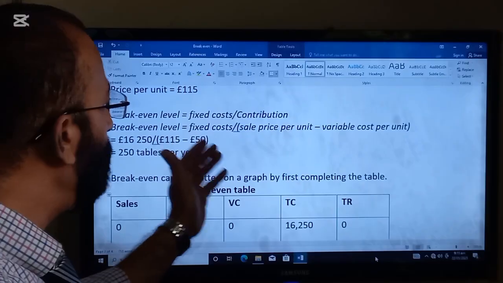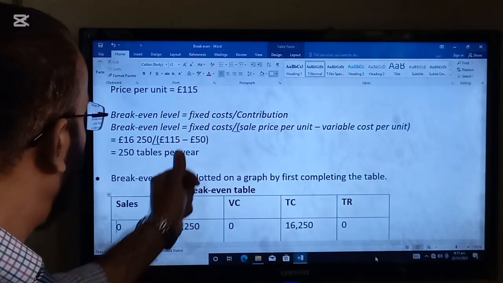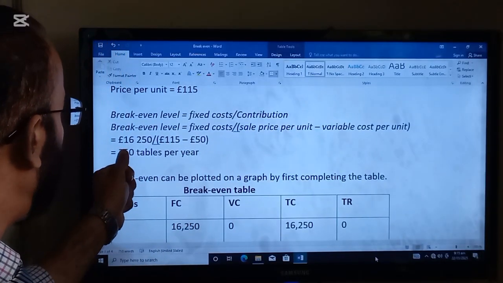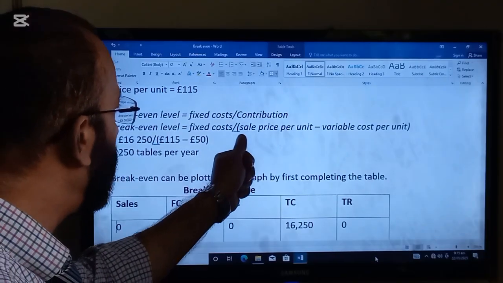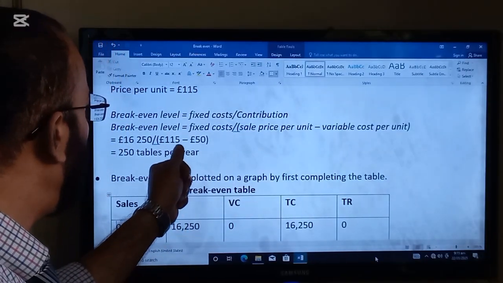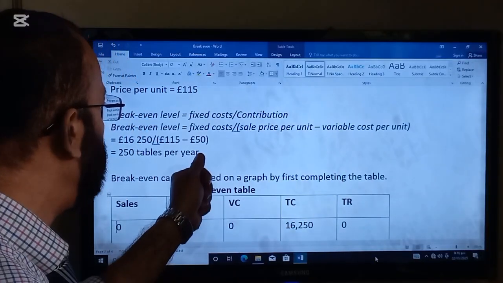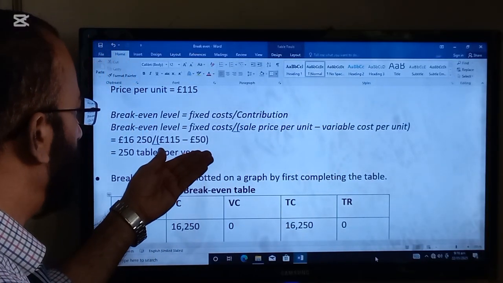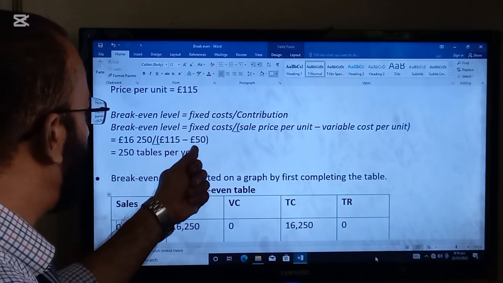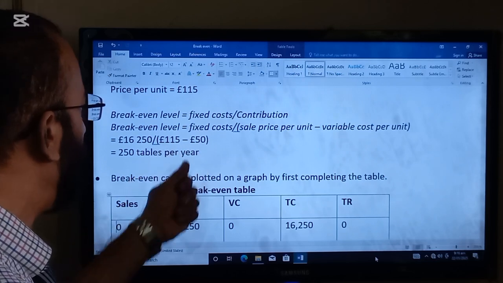Now we put the values in the formula. Fixed cost is 16,250 divided by bracket start, sale price 115 minus variable cost 50, bracket close. First we solve this bracket: 115 minus 50 is equal to 65.